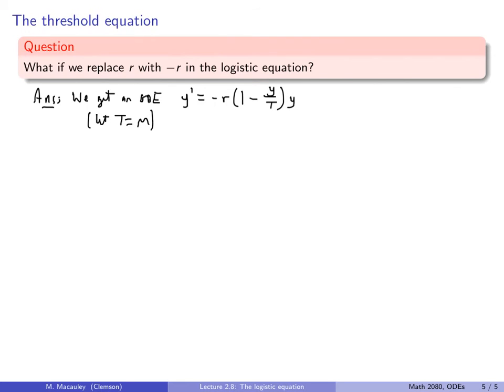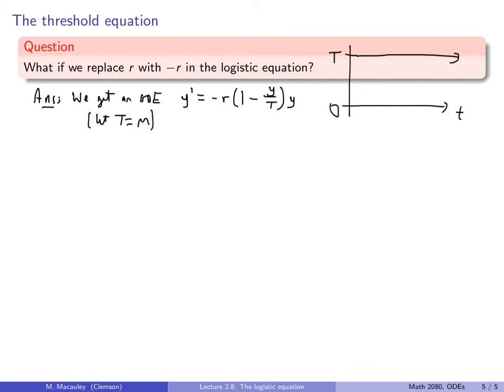And the solutions, let's think about what the solutions are going to look like. This is time t, and this is our threshold. So we're going to have the same steady state solutions, 0 and t, or 0 and m. The only thing that's going to change is the sign of the solutions.